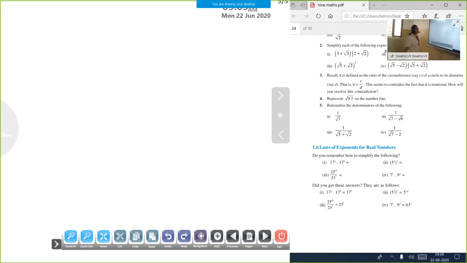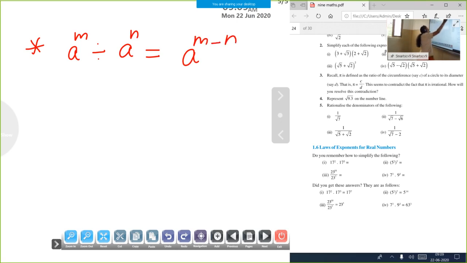And our next exponent formula: a raised to m divided by a raised to n equal to, if it is division, your answer is the same base a and subtract the powers, m minus n.